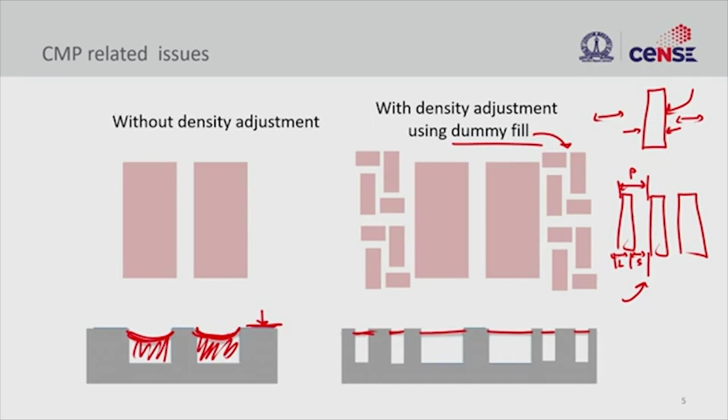And when it comes to CMP, again, this is a very difficult structure to get a plain finish, right? You will always end up with a dishing, right, because you have large metal outside the structure compared to on the structure, right? But when you have a uniformly distributed structure density, then it is much easier to handle the process, both in patterning and also CMP.